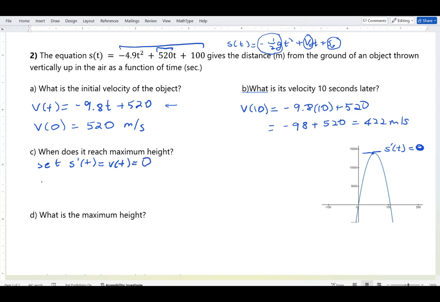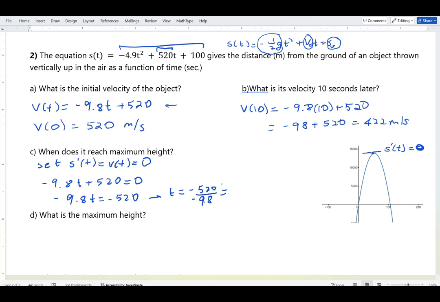So let's do that. Negative 9.8 t plus 520 equals 0. I'm going to subtract 520 from both sides. Negative 9.8 t equals negative 520. So we get t equals negative 520 divided by negative 9.8. Notice they're both negative, so the result will be positive.